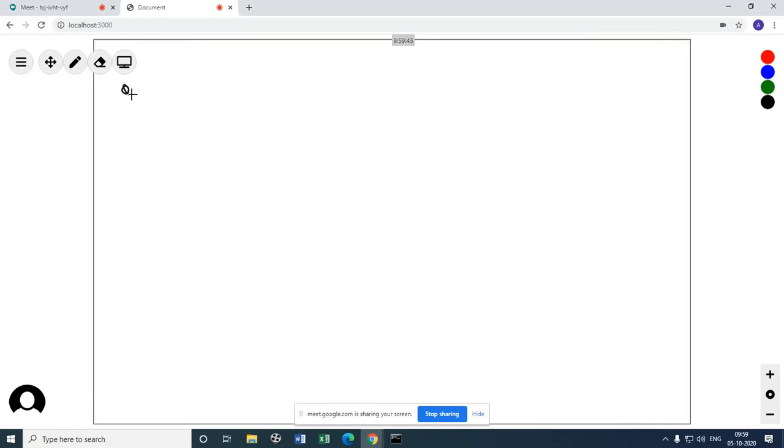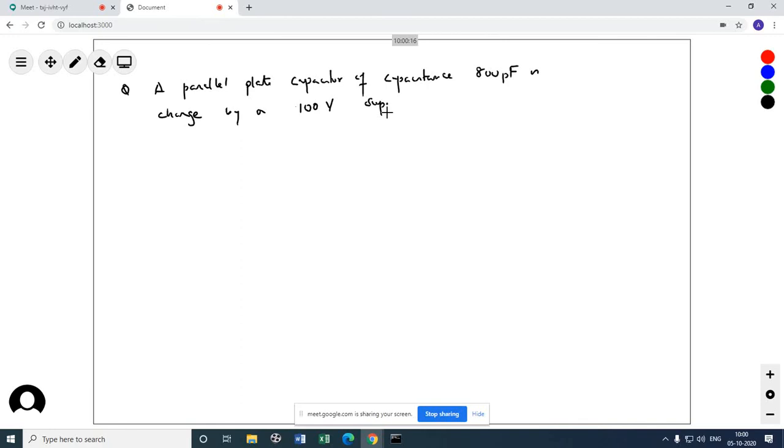So this is take one question of similar thing like this. A parallel plate capacitor of capacitance 800 picofarad is charged by a 100-volt supply.